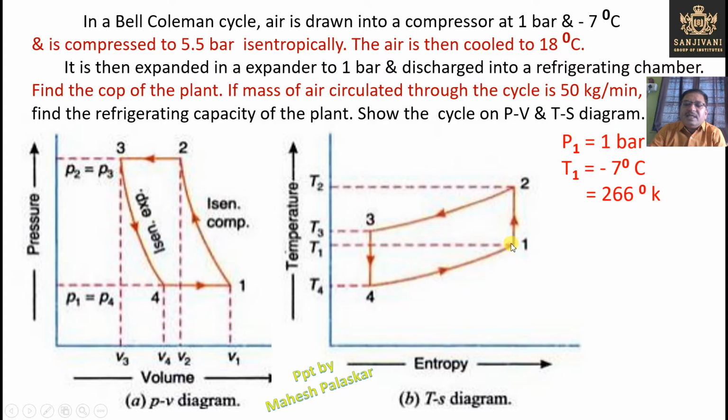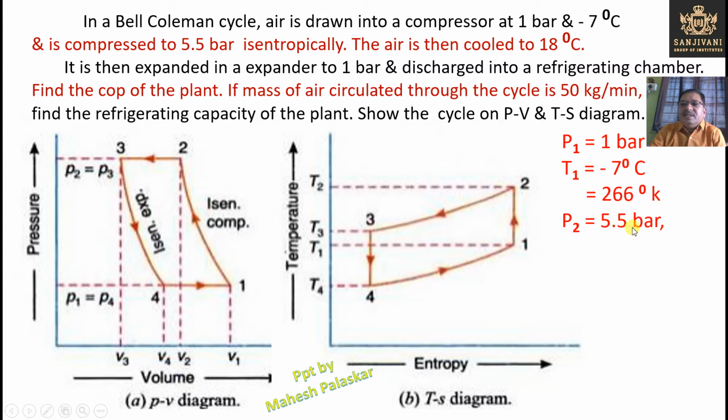At point 1 the air enters the compressor, at point 2 the air leaves the compressor. So P1 is 1 bar, and T1 is minus 7 degree centigrade. Minus 7 plus 273, that is 266 degree Kelvin.